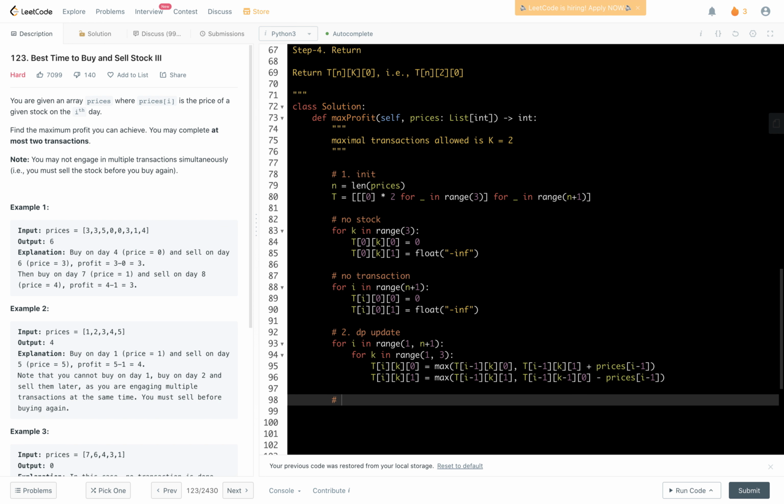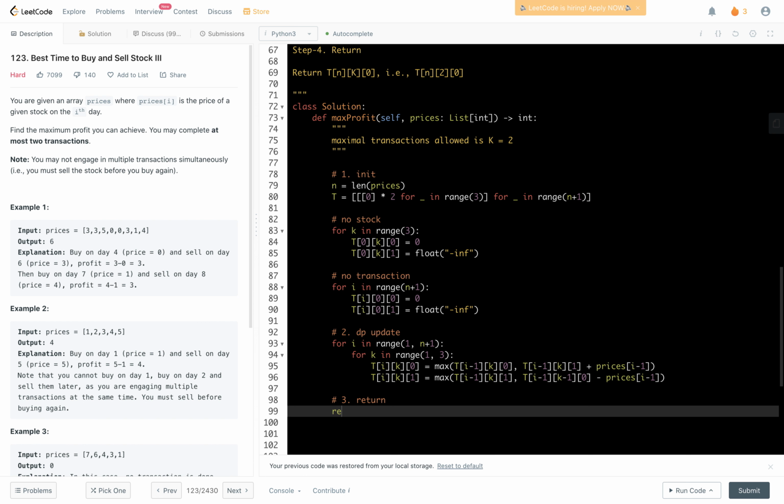Next, what we are going to do is just return the result. Here we're going to return t, so let's just write -1, and actually m. Here k is 2, right? So just write this one. This is actually a full solution to this problem. Let's first do a check.